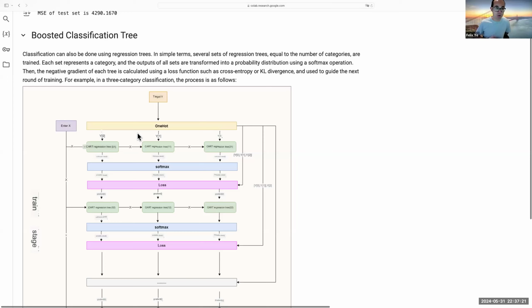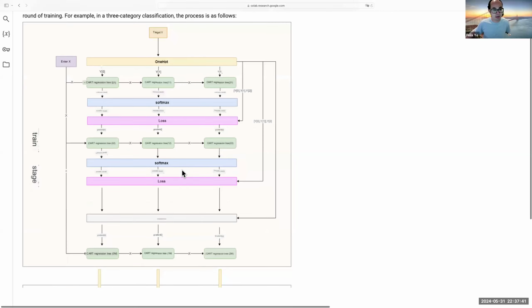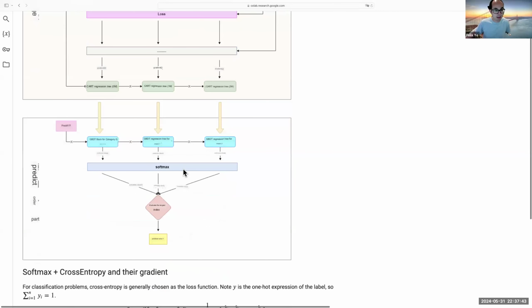Then the negative gradient of each tree is calculated using something like cross entropy or KL divergence, like what we have done with logistic regression or the SVMs. And this is the guidance here.